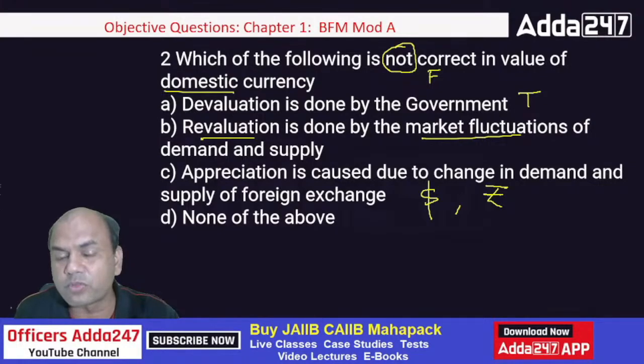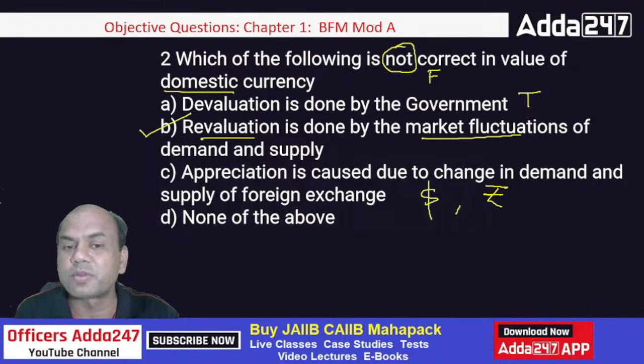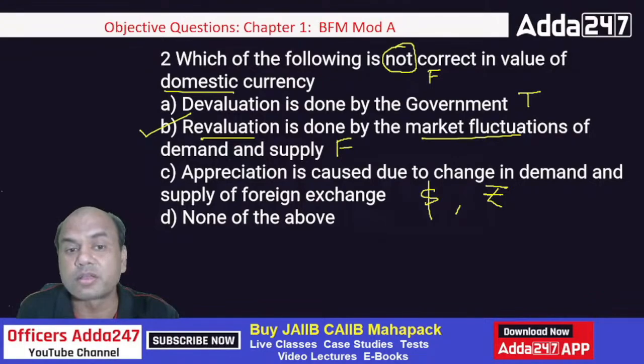So is this true or false? It is false. So this is the answer I want. Revaluation is always done by the government. Devaluation and revaluation are always done by the government.